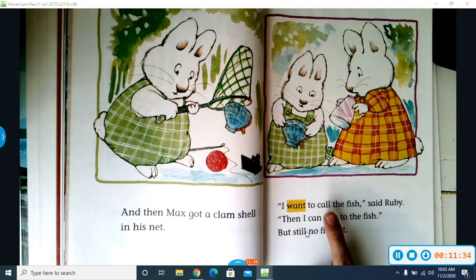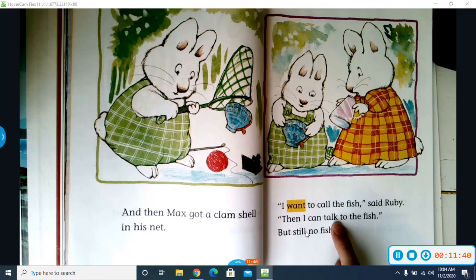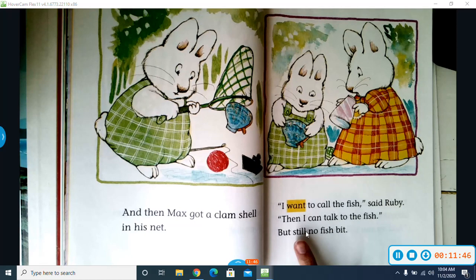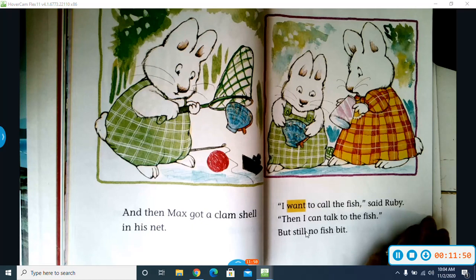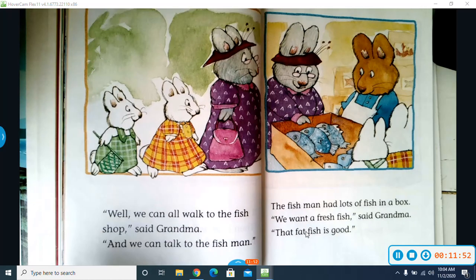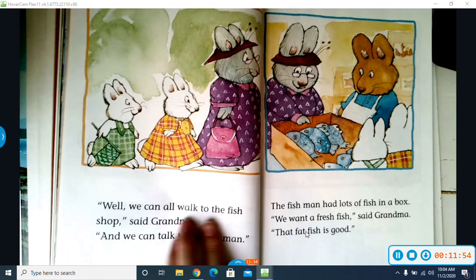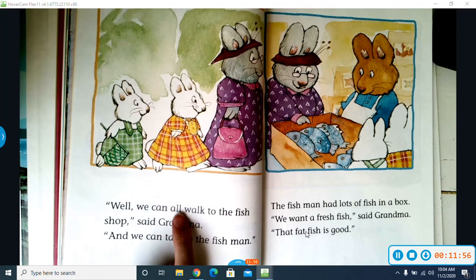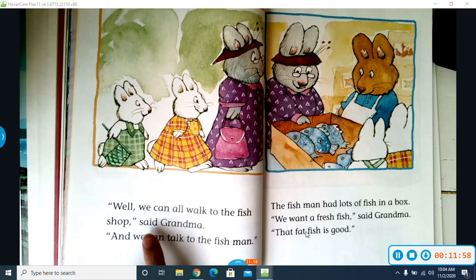There's that A-L-A in call and talk. So Ruby wants to do what? She wants to call the fish and talk to them? But still no fish bit. That didn't work either. Well, we can all walk to the fish shop, said Grandma.